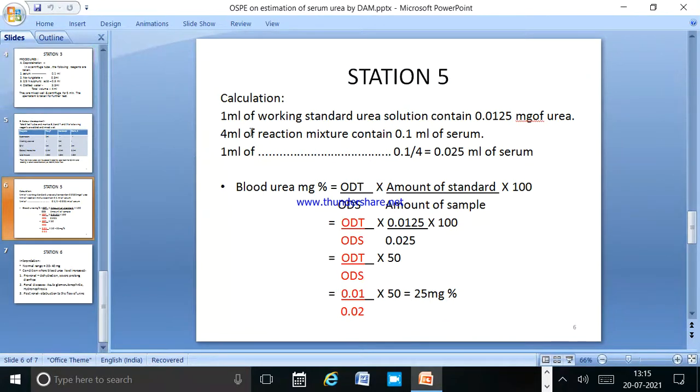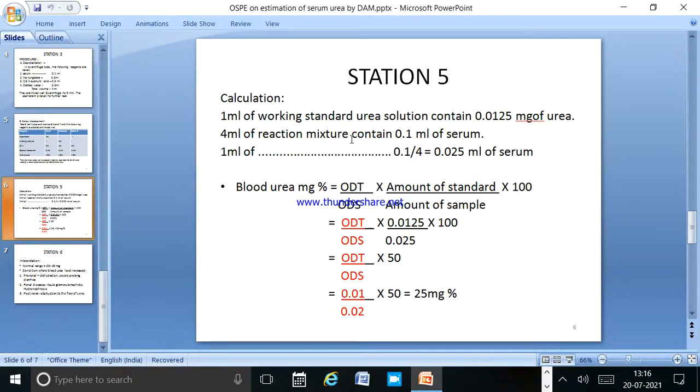For the second value, the amount of sample, how much sample do we use? 1 ml out of the 4 ml of reaction mixture that we make during the deproteinization process.